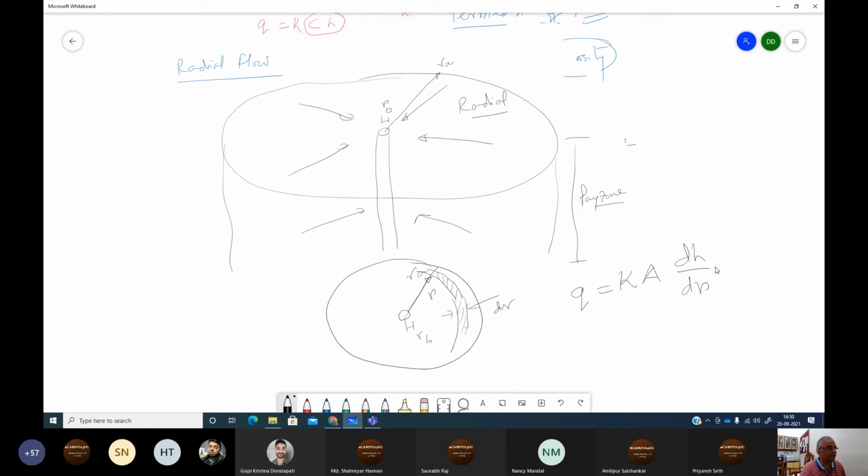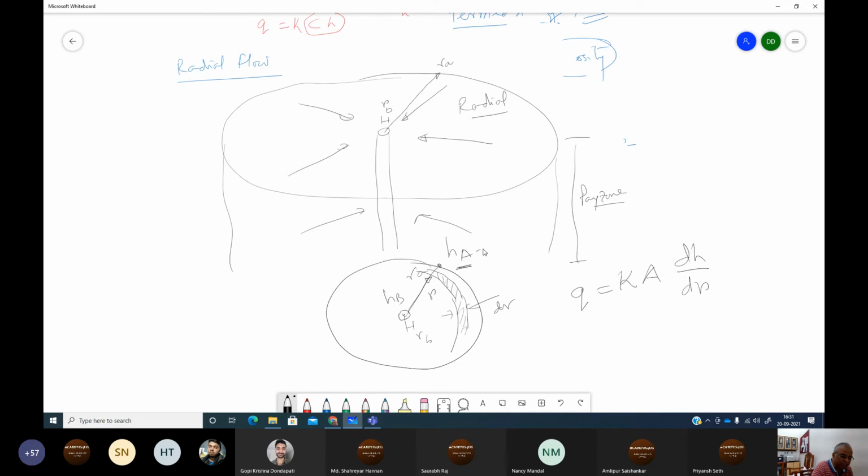Now, why am I writing it like this? Now, dH is, let's say this is HA, and right here is HB. HB is more or less atmospheric, or we can even do a negative pressure, a suction pressure also we can create.